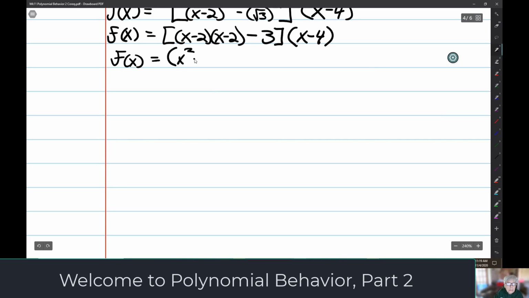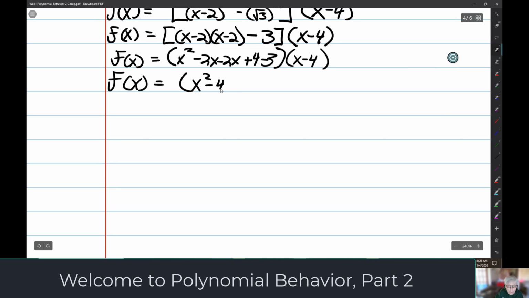X squared minus 2x minus 2x plus 4 minus 3 times x minus 4. And what that's going to give us is x squared minus 4x plus 4 minus 3 is 1. Oh, goodness, times x minus 4.